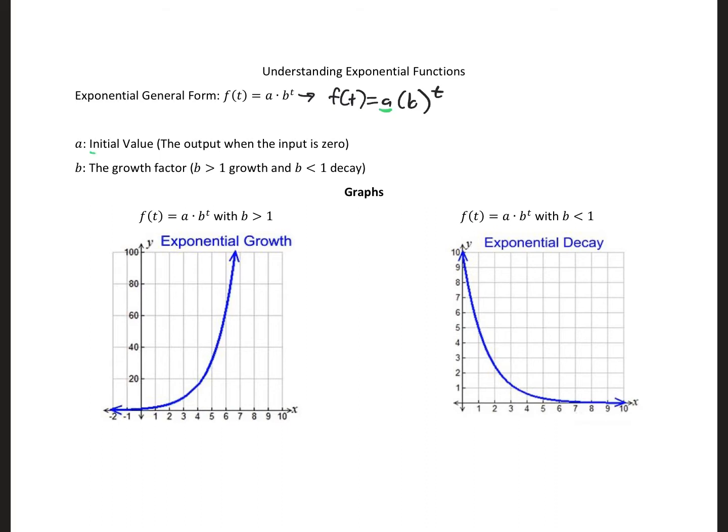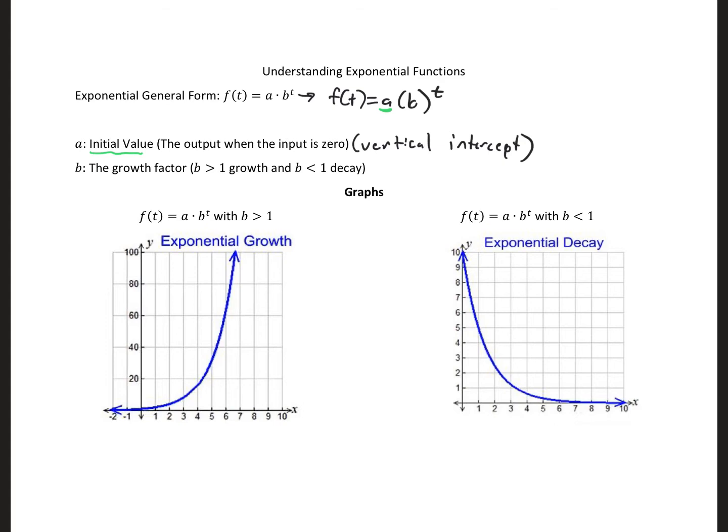This first value, a, is the initial value. It's the output you would get if you put in 0 for t. It's also the vertical intercept. B is the growth factor. If b is a number greater than 1, meaning you're multiplying by a number larger than 1 over and over and over again, you'll get growth.